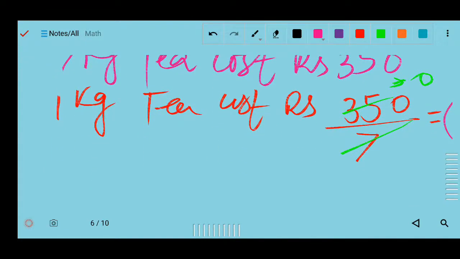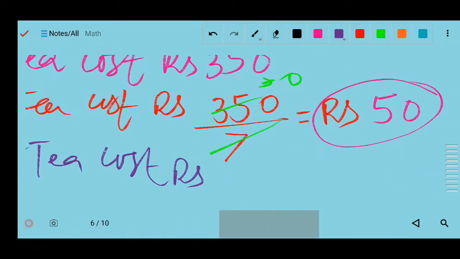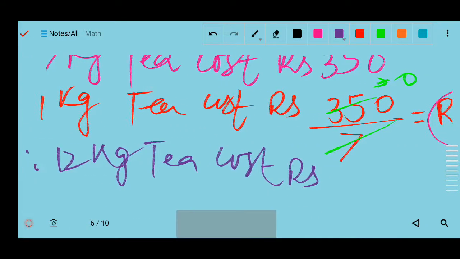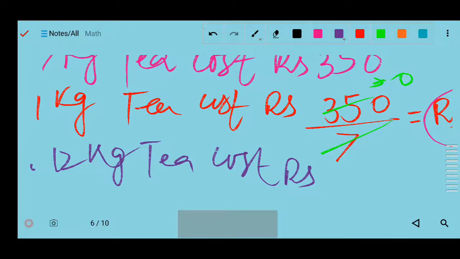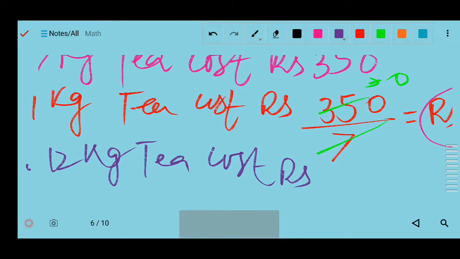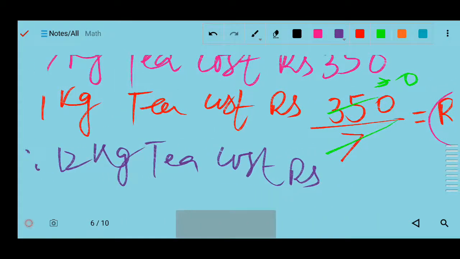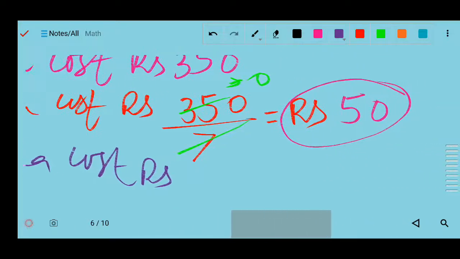Now we have to find the cost of 12 kg. We know the cost of one is 50 rupees, and we have to buy 12, so more money will be needed. More means multiply. The cost of 1 kg tea is 50 rupees, so the cost of 12 kg will be more, which means we multiply.